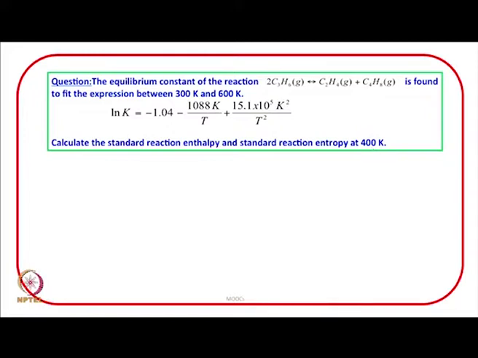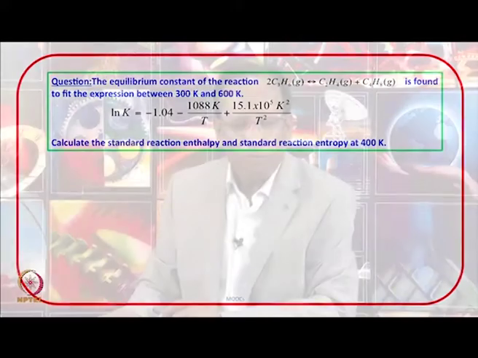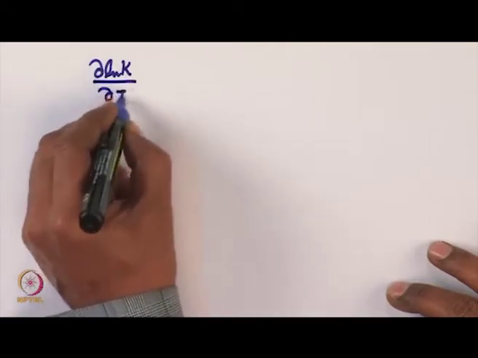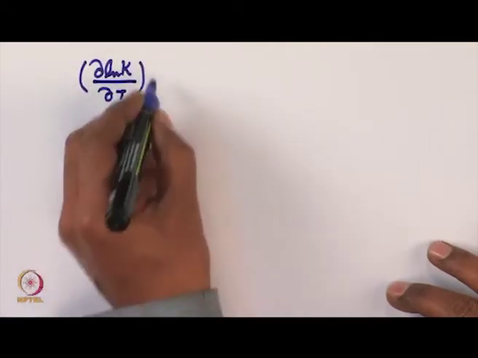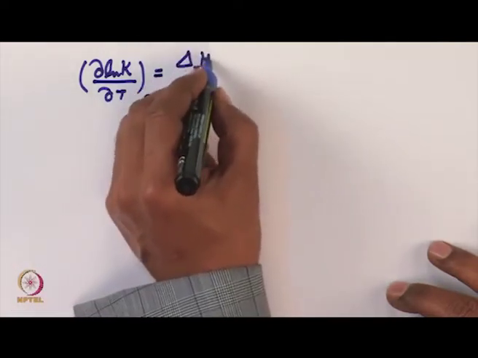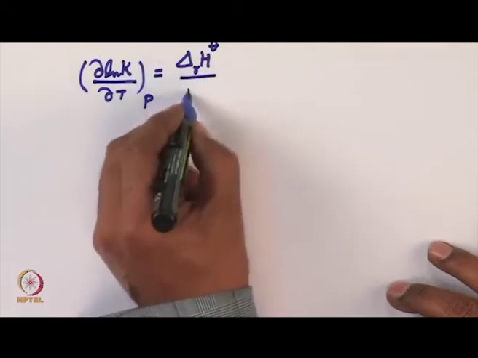This question again describes the effect of temperature on equilibrium constant. And the Vant-Hoff equation is a very useful equation in dealing with such questions. Vant-Hoff equation is d log K by dT at constant pressure is equal to delta RH naught by RT square.